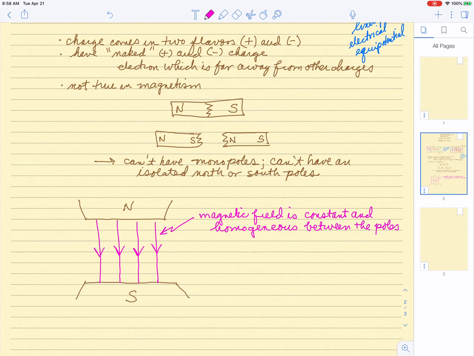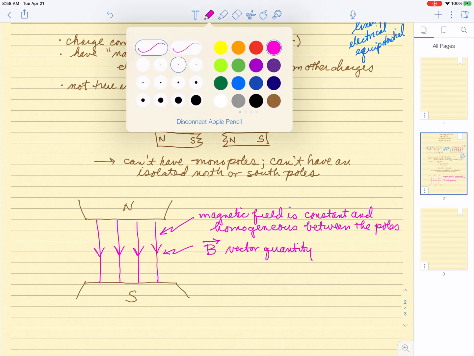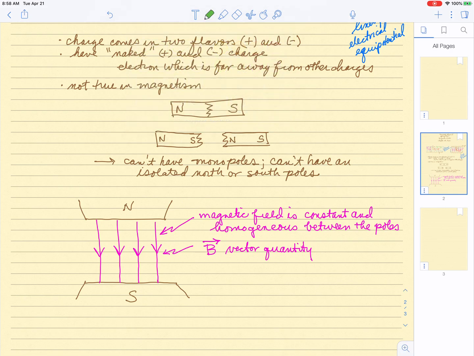And the designation for magnetic field is capital B. And so it is a vector quantity. And we'll get to the units of it a little bit later. And what we're going to need to explore is the analogous problem that we looked at in gravitational fields and in electric fields.